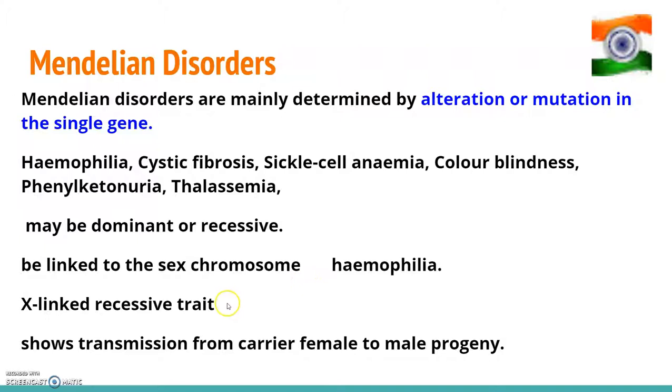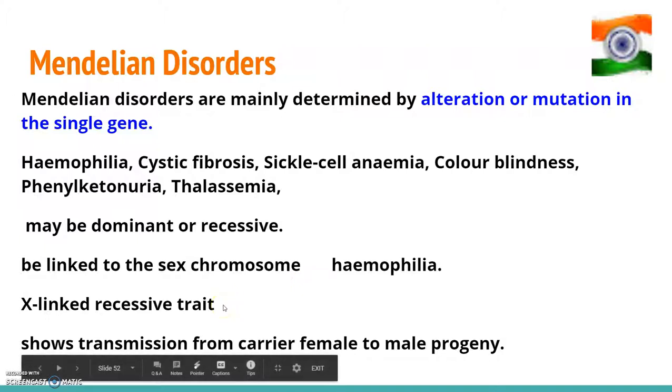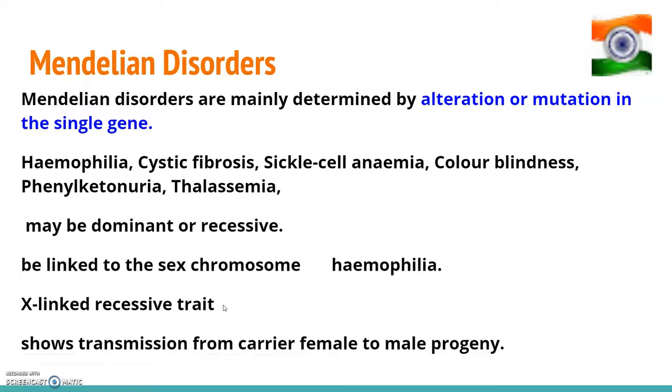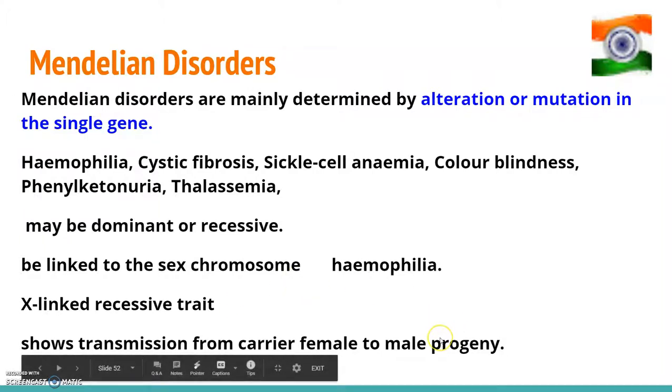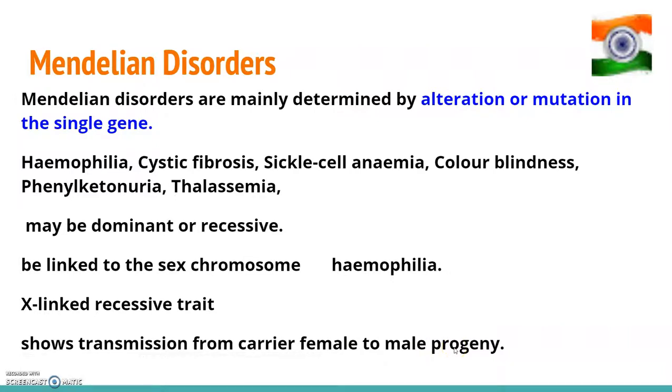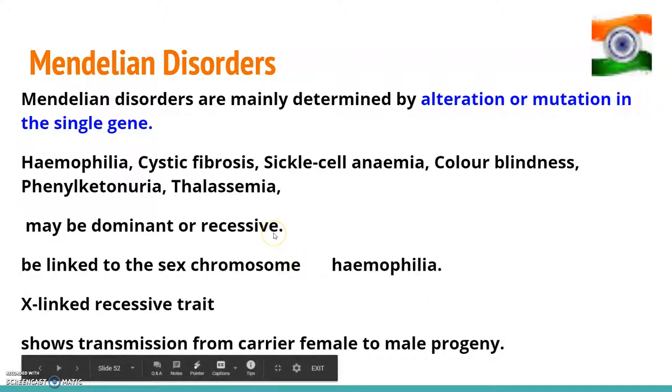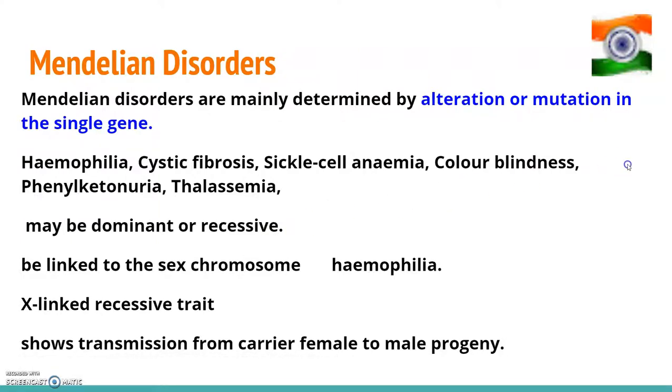Here the trait can be related to the X chromosome, so it is called an X-linked trait, and it shows transmission from the carrier female to the male progeny. That chromosome is derived from the mother and goes to the son. So there are various dominant and recessive traits, and we'll see how we can study them through a pedigree chart.